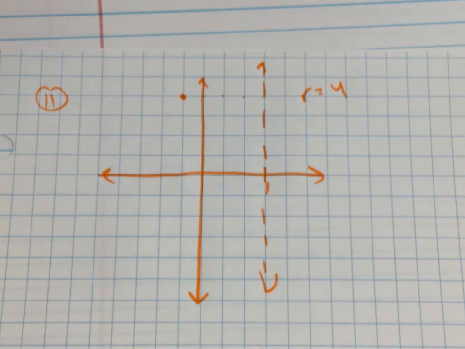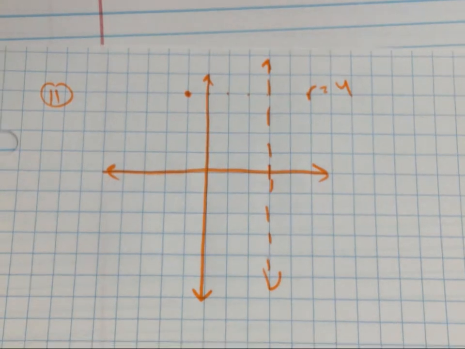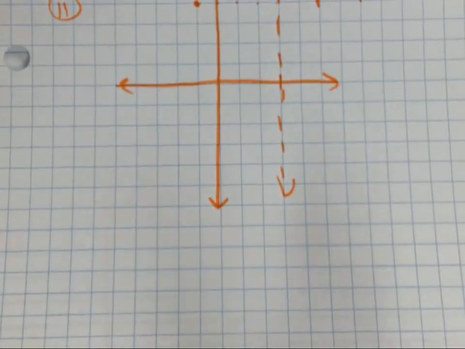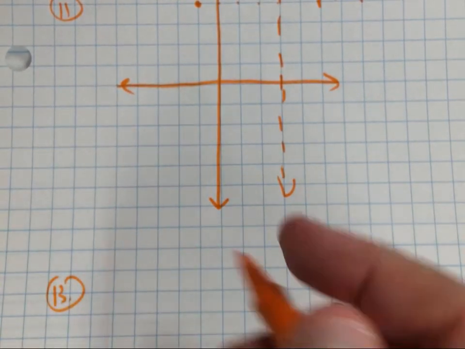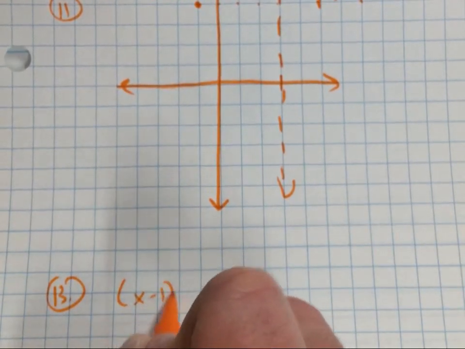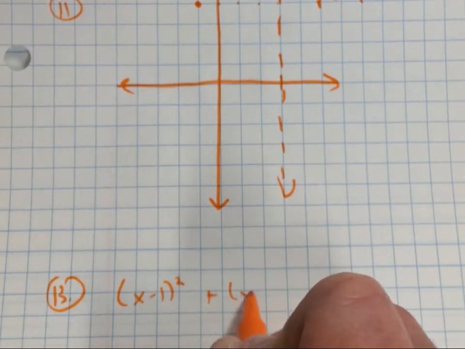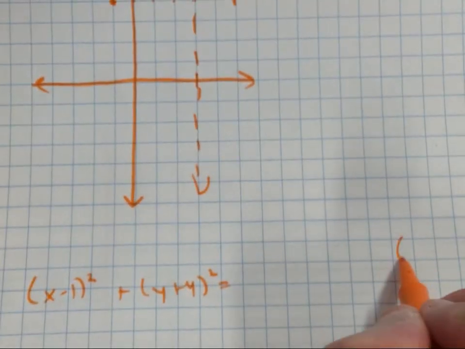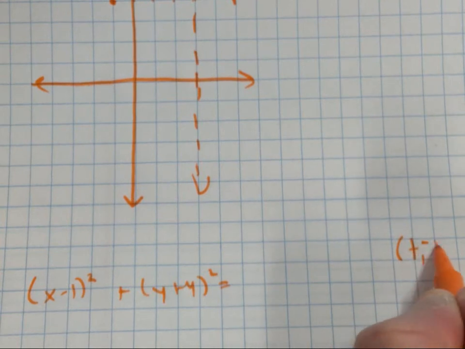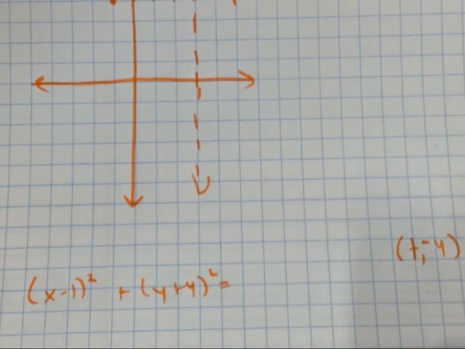Alright, number 13. The center's at 1, negative 4 and passes through 1, 1. That means the edge of it passes through 1, 1. Well, we know that it's going to be x minus 1 squared plus y plus 4 squared. We just got to find our radius. How could we find our radius there? Distance. Very good, distance. I'm going to find the distance between 1, negative 4 and 1, 1.